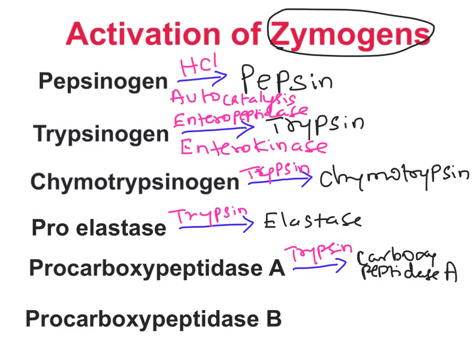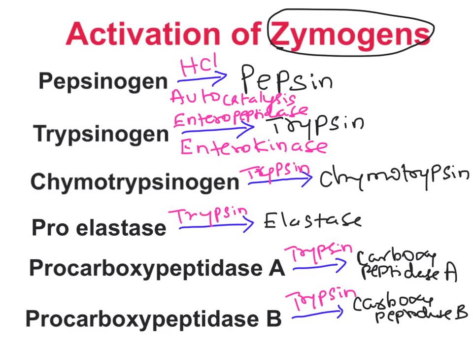Now our last enzyme is procarboxypeptidase B. Procarboxypeptidase B is converted into carboxypeptidase B, and this job is again done by trypsin.